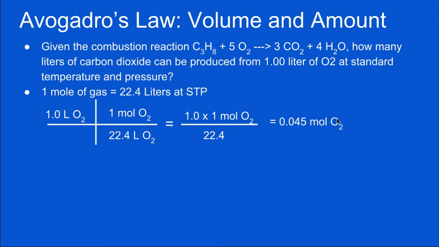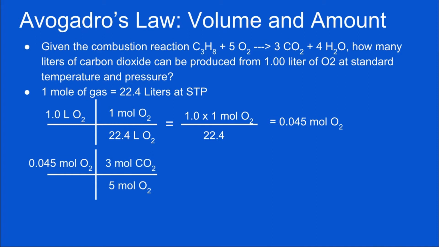Now that we know the number of moles of oxygen gas, we can relate it to the chemical equation to know how much carbon dioxide we can possibly make. So now take that result that you just got, 0.045 moles of oxygen gas, and set up a mole ratio to convert from moles of O2.